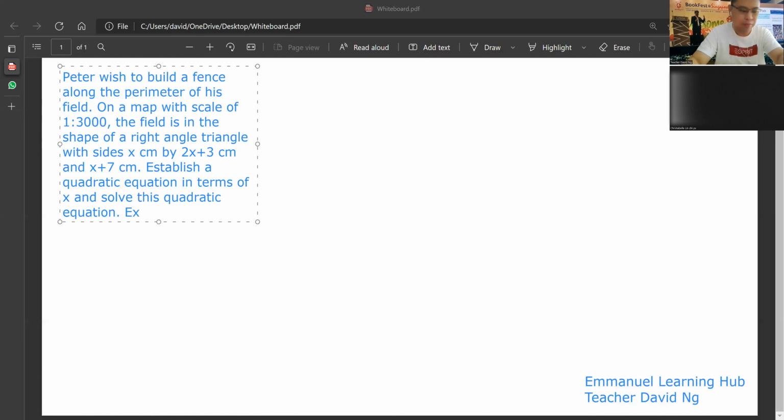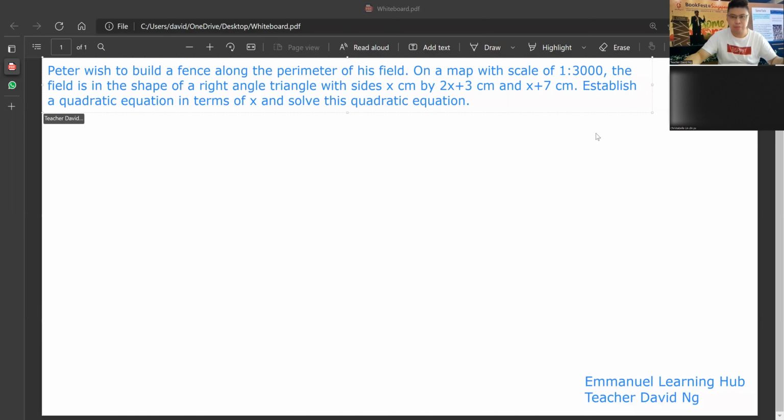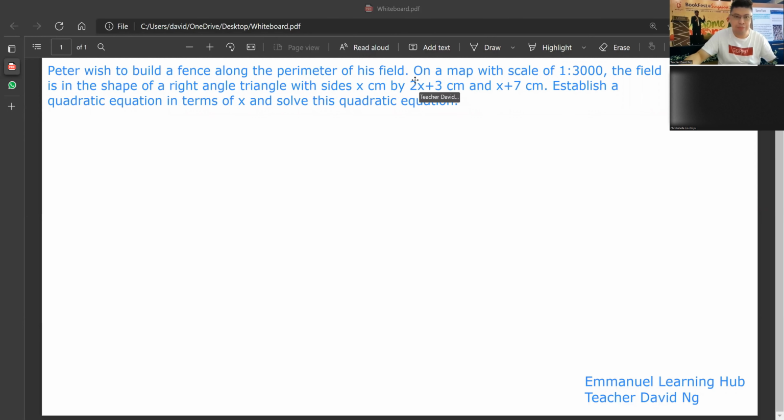Then after that. Okay, he wished to build a fence along the perimeter of his field.